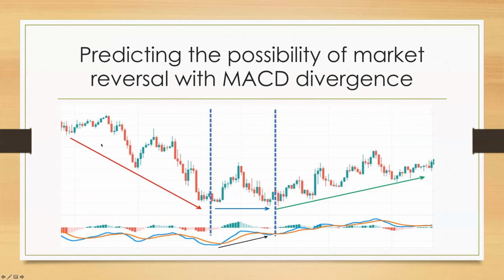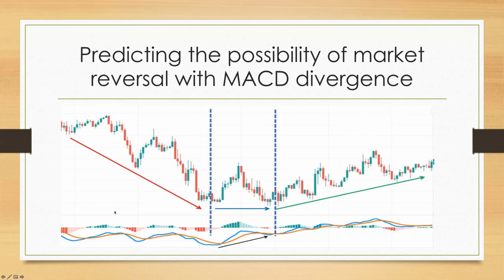So price is going down, but our MACD, our lines are moving upwards. This is where the divergence aspect of it comes in. So it gives you an indication that something is about to happen, because the price is going down and our MACD is showing divergence, is showing the opposite.